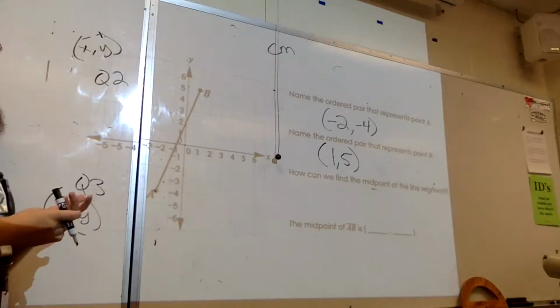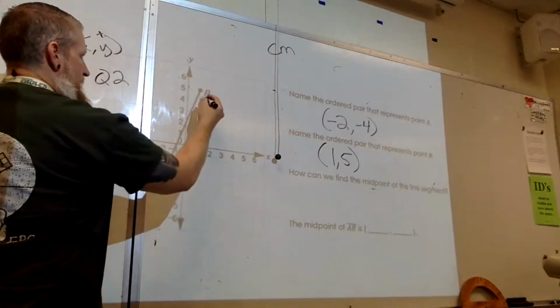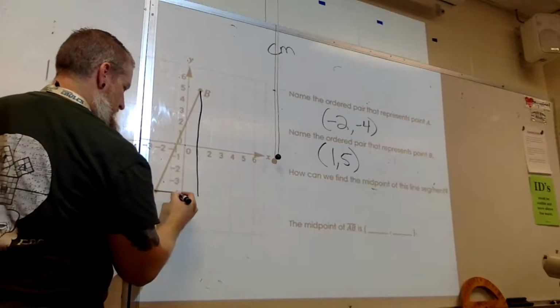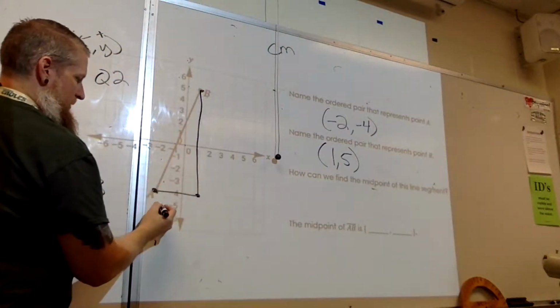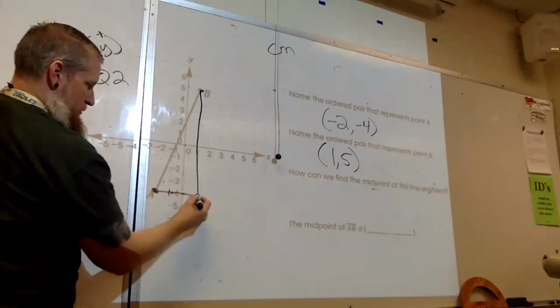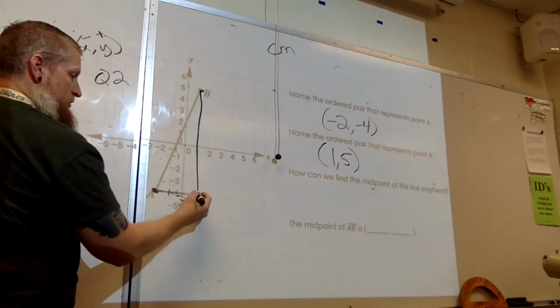If you do it graphically, you could also take just your 2 distances, meaning let's say I created a right triangle here. To go from point A to point B, I have to go 3 spaces to the right, so 3 spaces horizontally.